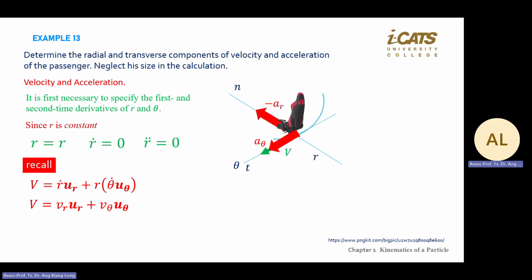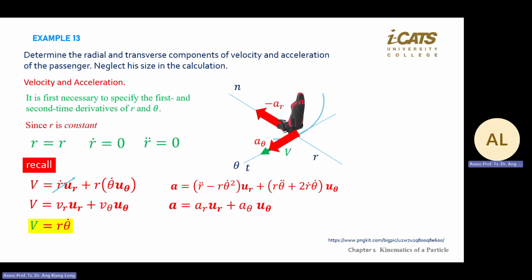Differentiate one time, substitute here 0. R, theta dot, you need to calculate. All right. And these are the 4 equations when it comes to cylindrical questions. Okay, these are the 4 equations. It's important.